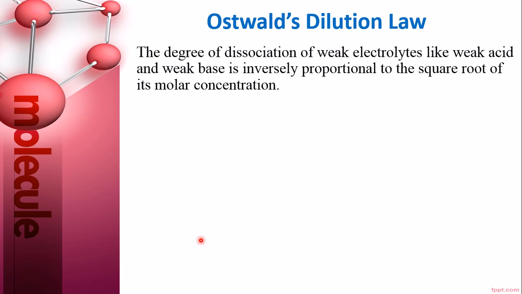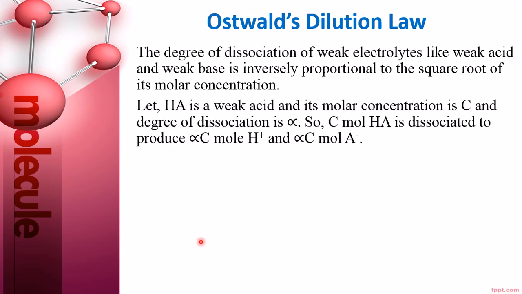If the degree of dissociation is alpha and C is the molar concentration of the acid or base, then the law will be alpha is proportional to 1 by root C.